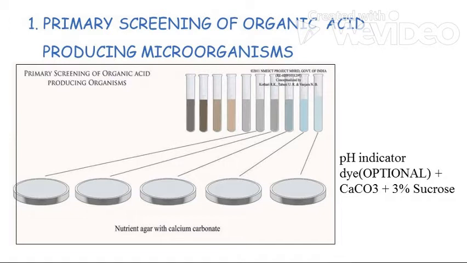You have to follow it with gram staining also, so you can tentatively identify which type of organism is able to produce this organic acid. Examples of organic acid producers are Lactobacillus species and sometimes Citrobacter also. I hope you people are clear with this.